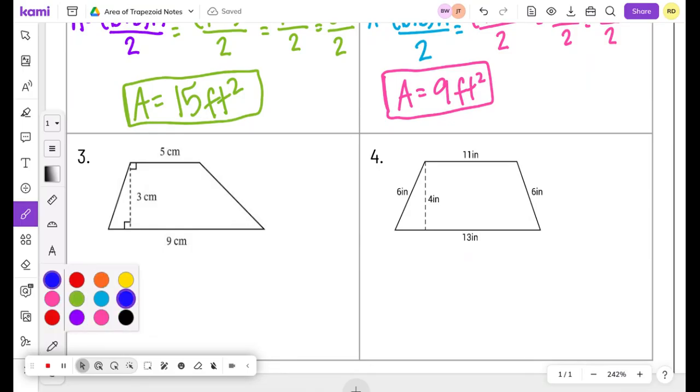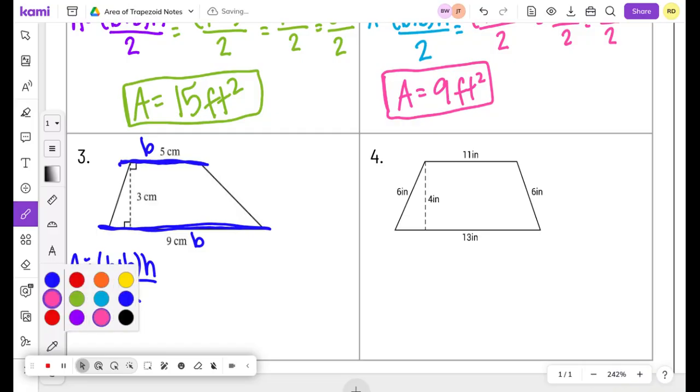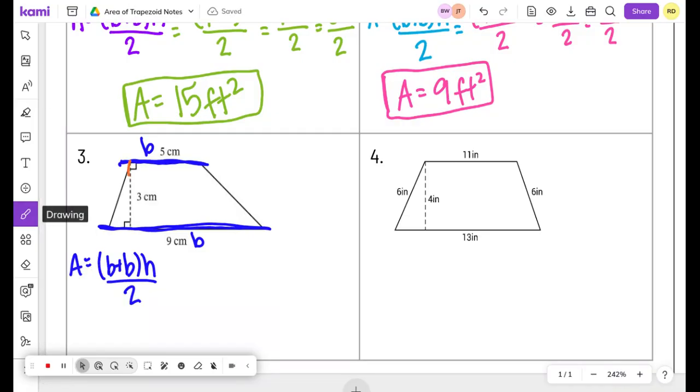Okay, trapezoid number 3, same thing, same formula. Base plus base times the height divided by 2. Your bases are parallel lines that never touch. So 5 and 9 are our straight parallel lines that never touch. Your height is the straight line that separates them. So in this example, it is that 3.